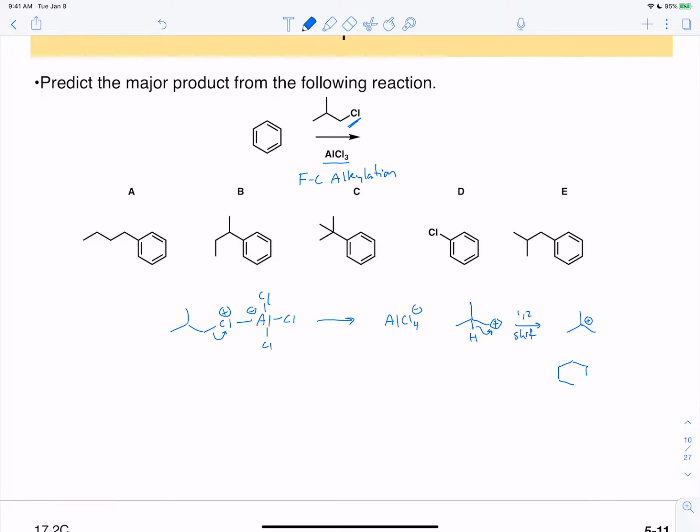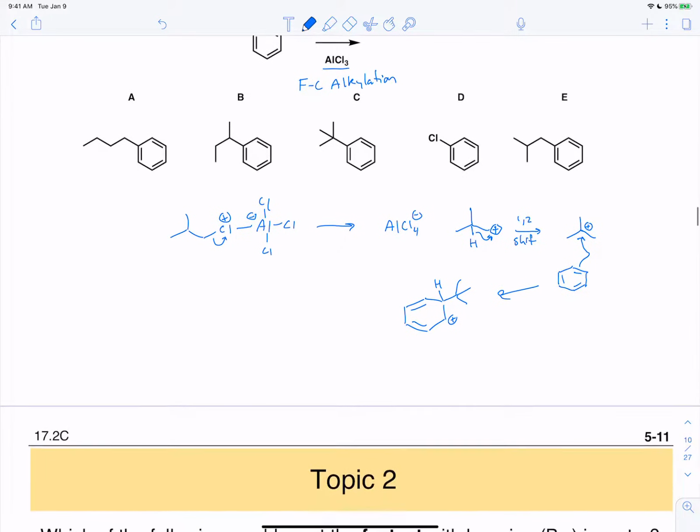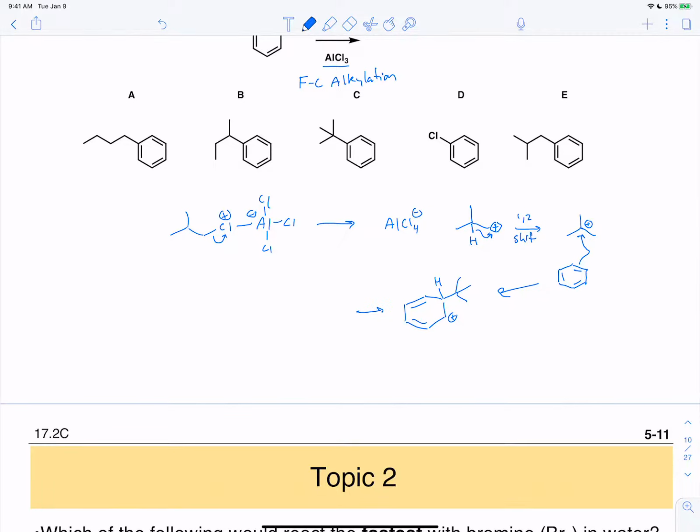After that intramolecular reaction takes place, we're able to have benzene attack the tertiary carbocation. This gives us an arenium intermediate, and we didn't have any substituents on the ring this time, so we didn't have to worry about where it goes. Note that the arenium is stabilized by putting that charge on several carbons.